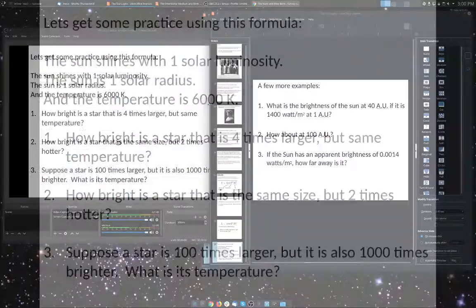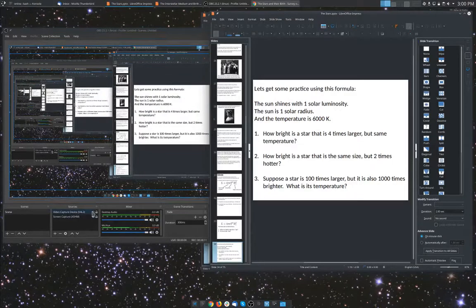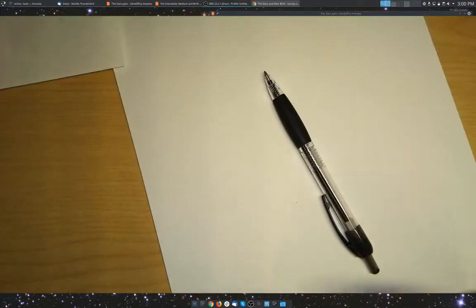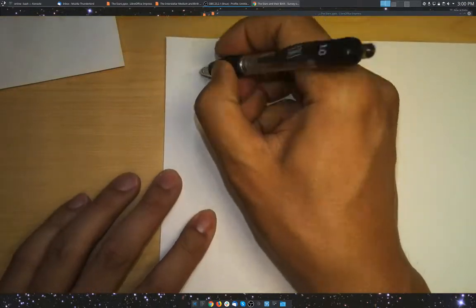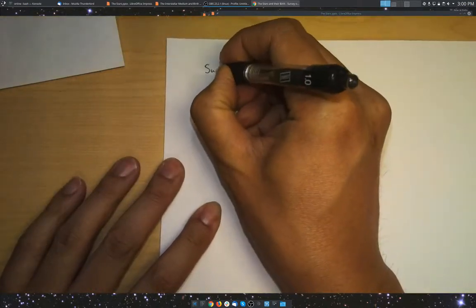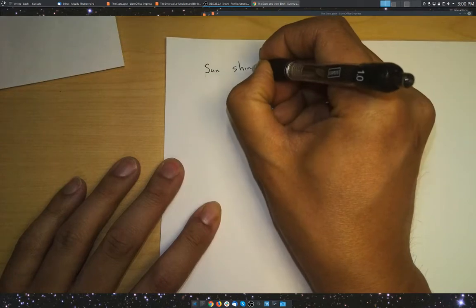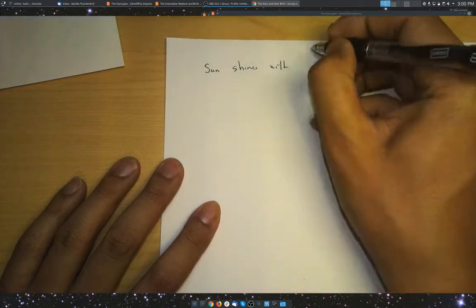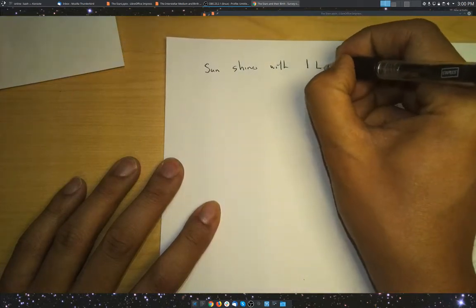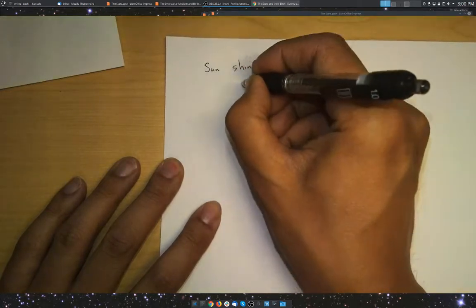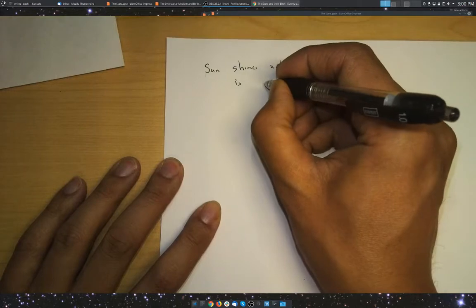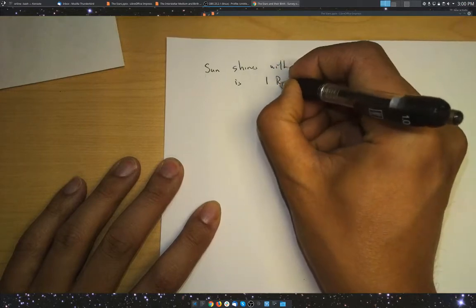Let's go back to here and use the video capture device to look at that problem. First thing we know is that the Sun shines with 1 solar luminosity. The Sun is 1 solar radius.